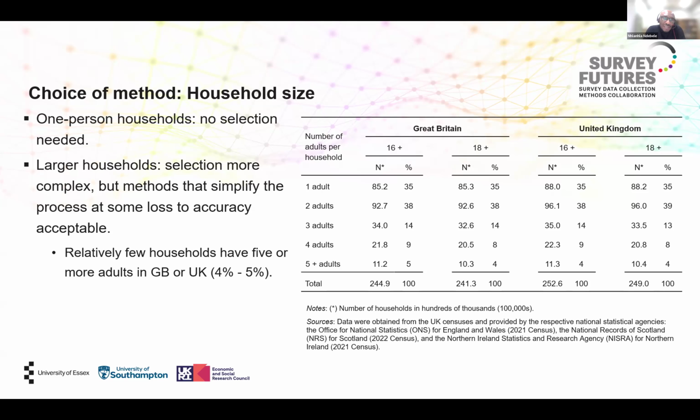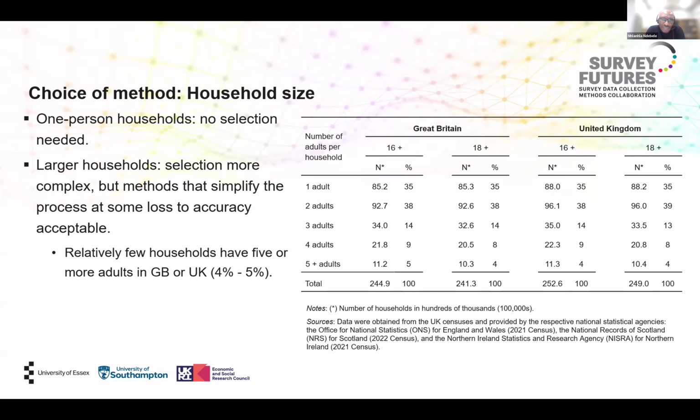In terms of size, where you have one-person households, really there's no need for selection, because the respondent in the household that you contact will be the respondent. So it's just that person. There's no need for selection in that instance.